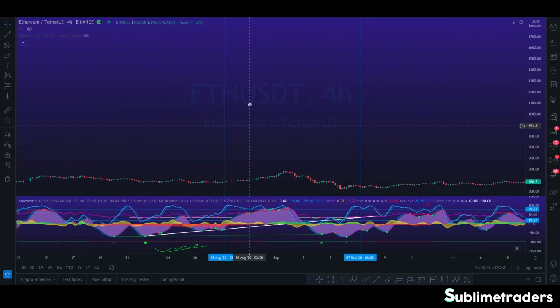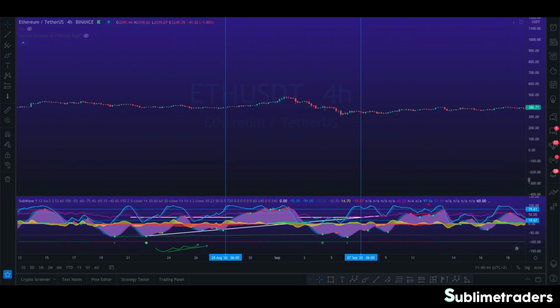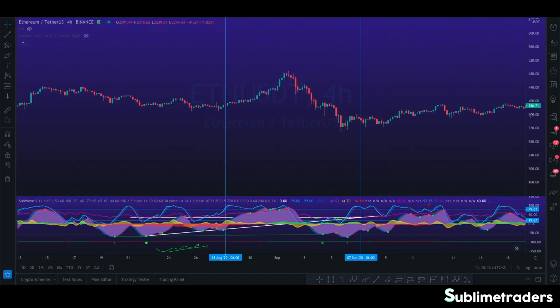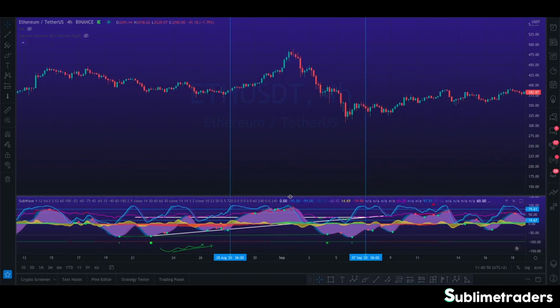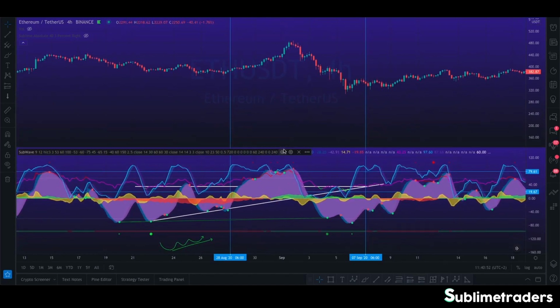So I'm just going to drag this over like this. So we have an entry around here, and we can exit around here if we want, or we can stop loss and continue with the trailing, and we can follow the trade.